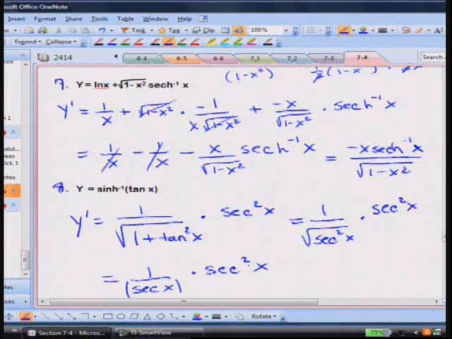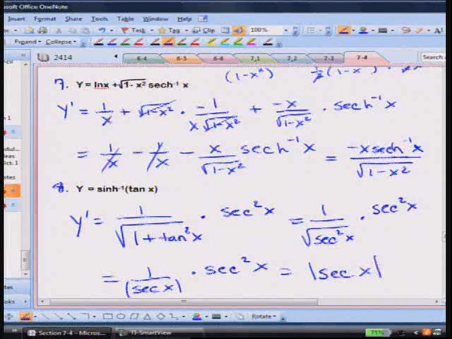You see, this derivative has to be positive, and secant is positive and negative. So when you cancel here, you have to make sure that in the end it's still positive, so you have to put those absolute values in there.